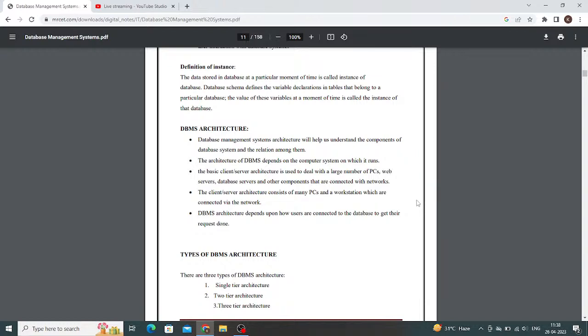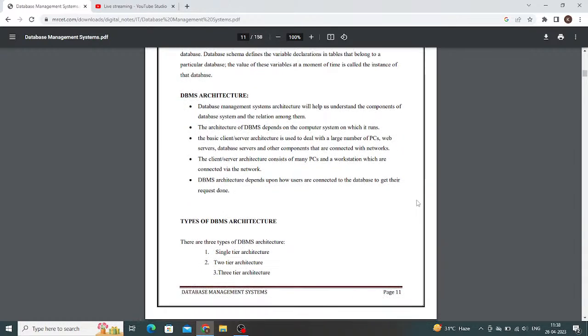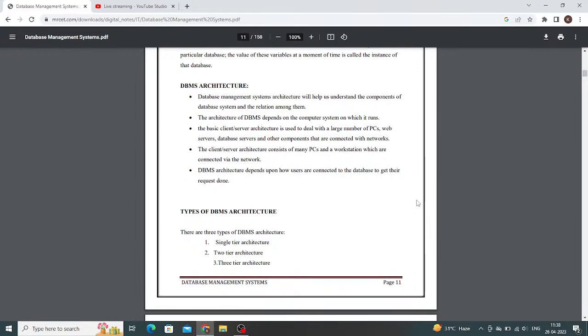The client-server architecture consists of many PCs and workstations which are connected via the network. So DBMS architecture depends upon how users are connected to the database to get their requests done.